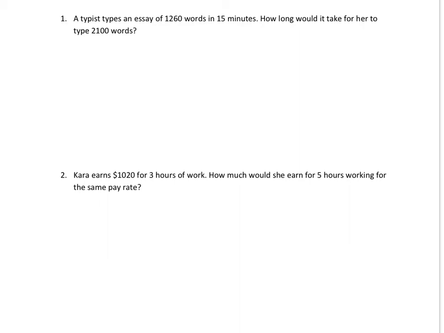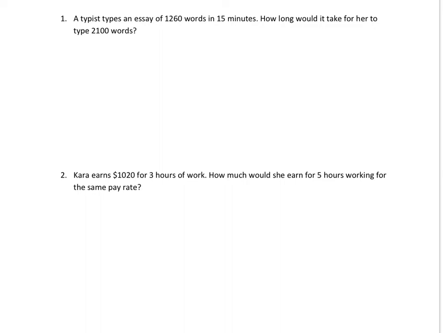So before we get into our 3 examples, if we're going to write a proportion to represent a word problem, the biggest thing that you have to understand is you have to stay consistent, okay? And what I mean by that is whenever we're talking about these word problems and we're representing a proportion, we're going to be talking about 2 different types of values. So maybe we're going to talk about how much money you make per hour, okay?